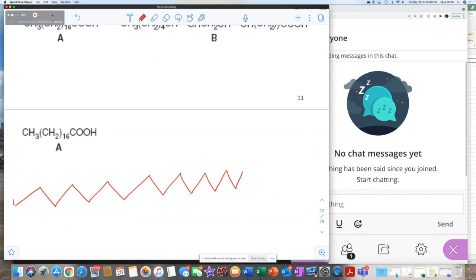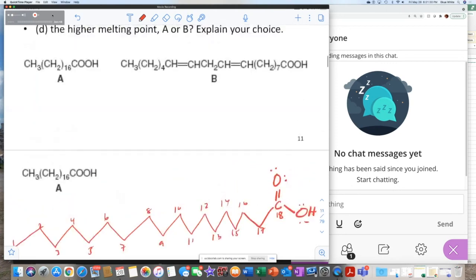So 1 through 16, 17, 18. Okay. This is my 18th carbon. And then here, 16th, 17th, 18th, right? My 18th carbon is essentially the one that's the functional group, carboxylic acid. Okay, dot, dot, dot, dot.